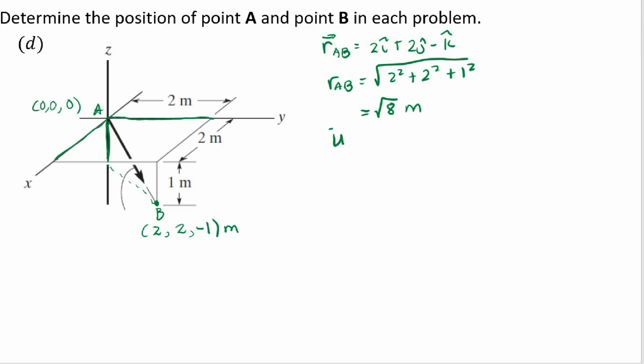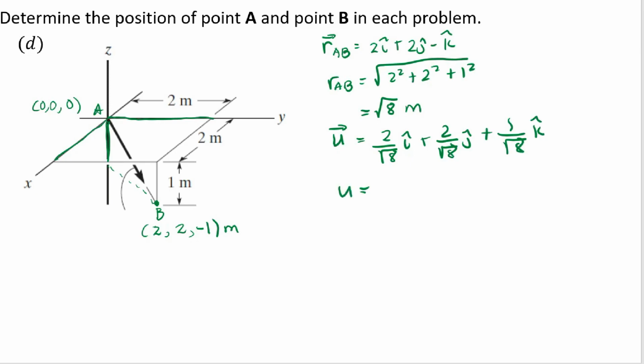And for its unit vector, that will be 2 over square root of 8 i hat plus 2 over square root of 8 j hat minus 1 over square root of 8 k hat.